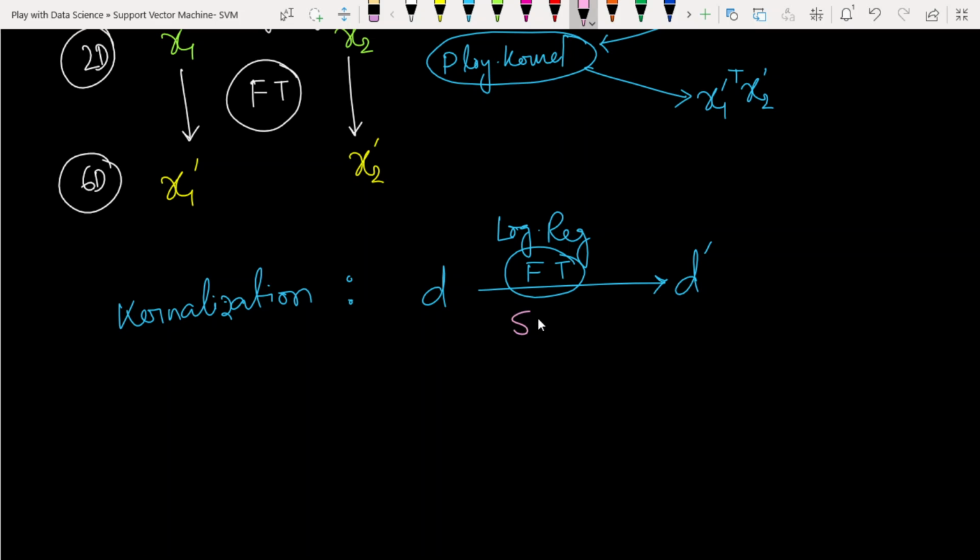Here in SVM we are using the kernel trick, and we are doing it internally, or implicitly.